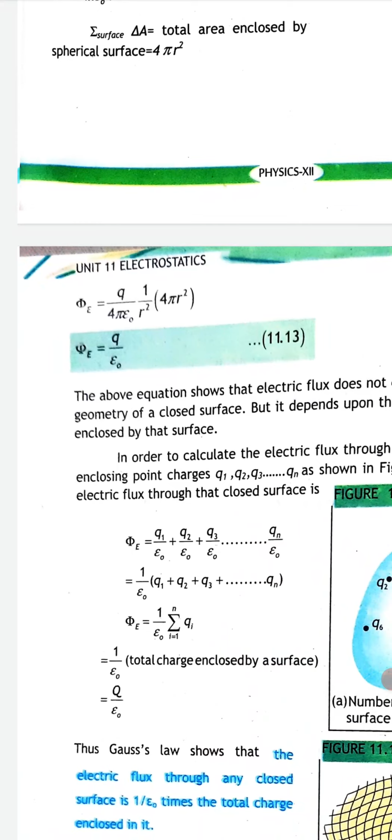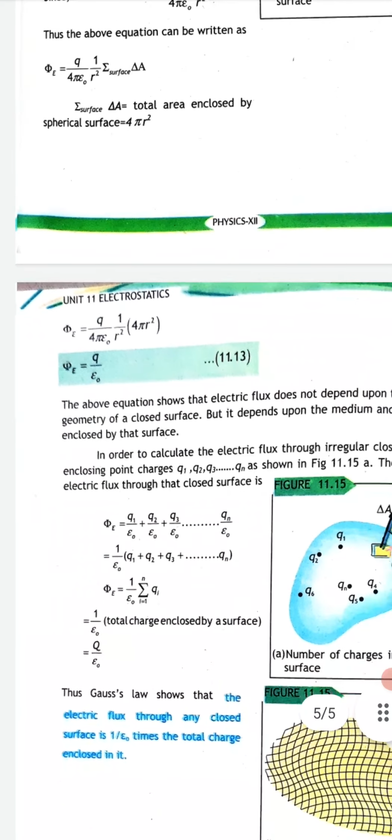Look at this equation, there is no factor like r square or r which is related to the geometry of that sphere. Therefore, this equation clearly demonstrates that the electric flux through the closed surface does not depend upon the shape, whatever shape of closed surface you use, right. So you would have the same amount of electric flux.